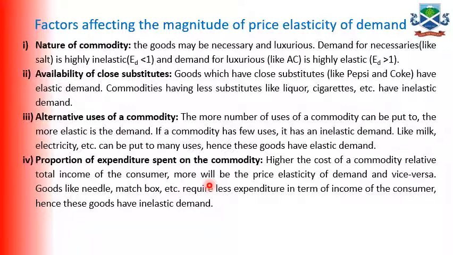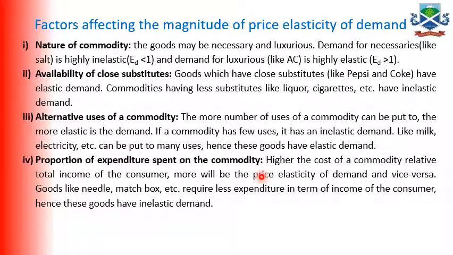So you have to think whether you can go for substitute goods or other available alternatives. If a major portion of your total income is spent on a particular commodity and its price is increased, then the elasticity of demand will be greater than 1.